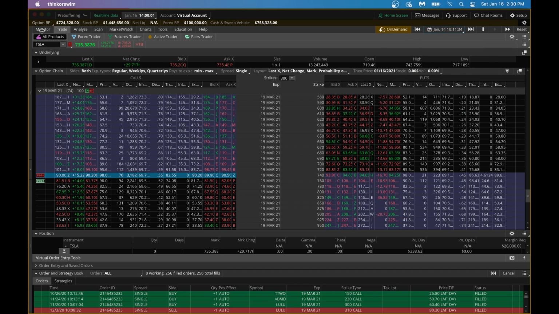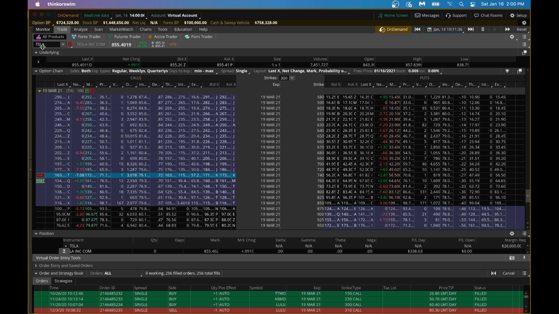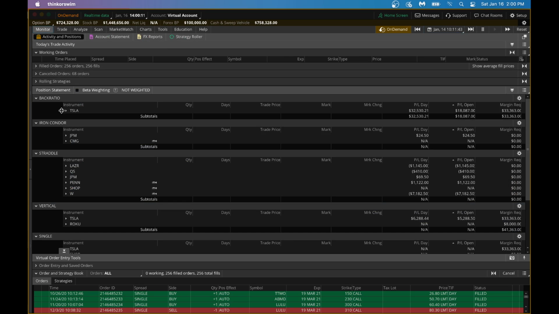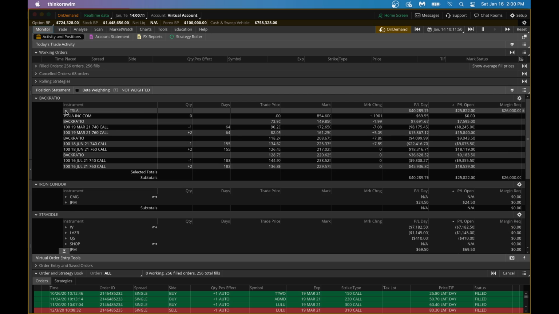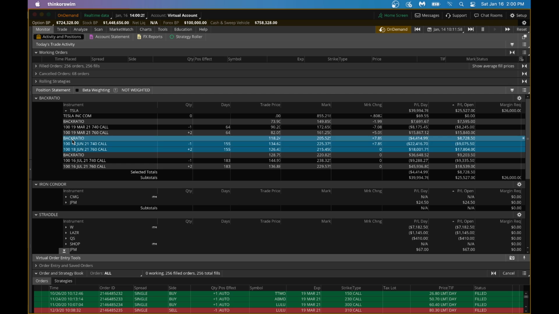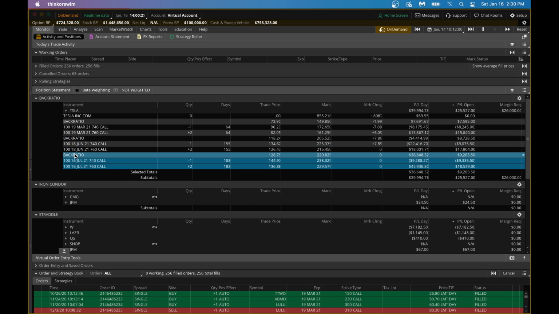And with that, let's go to the monitor tab here. All right. So we have Tesla. We did a couple of long positions on back ratio. So let's go to our back ratio. As you can see here, all our back ratios, this is 64 days out, 155 days out, and 183 days out.